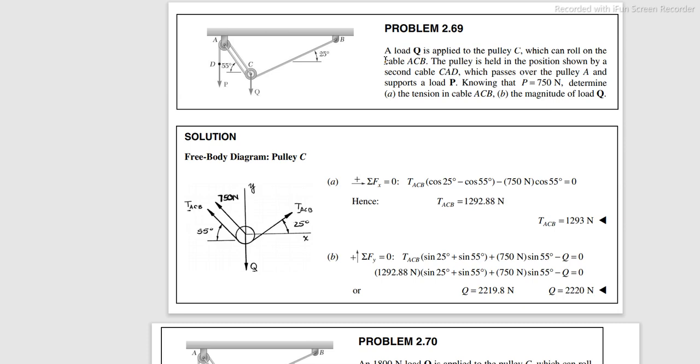The pulley is held in the position shown by a second cable CAD, which passes over the pulley A and supports a load P. Knowing that P equals 750 Newton, determine the tension in cable ACB and magnitude of load Q.